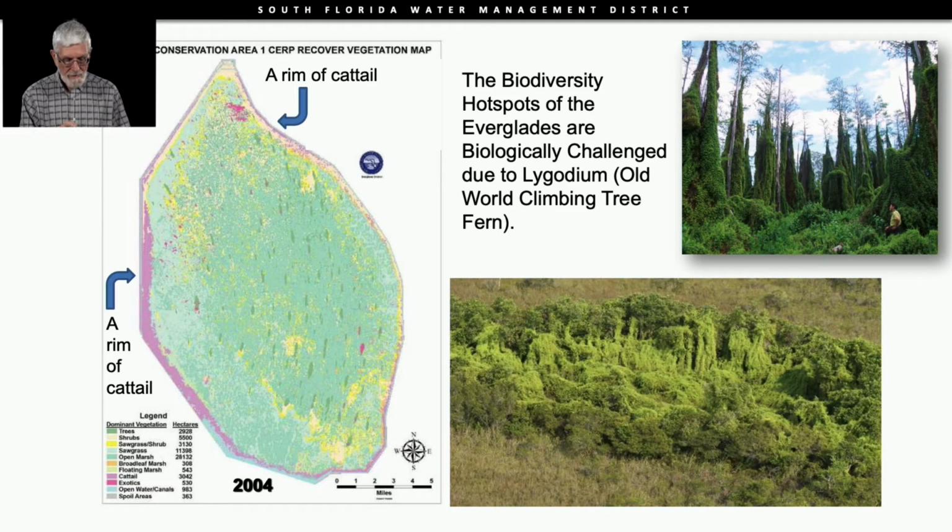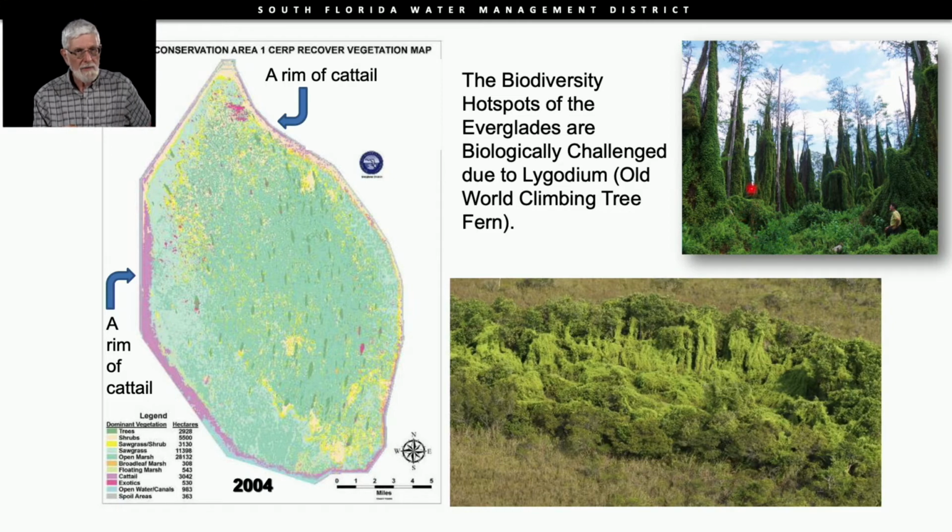But things are not all peachy keen in the Loxahatchee Refuge, and that's because it is the major hotspot for Lygodium. The tree islands are being totally covered by this wiry type of fern, and the stems are so wiry that when deer get caught in it, it's like a trap.